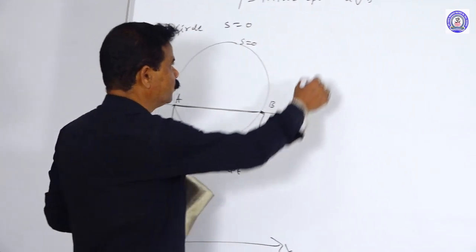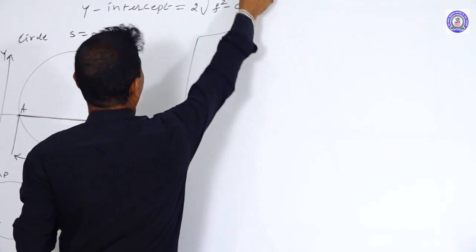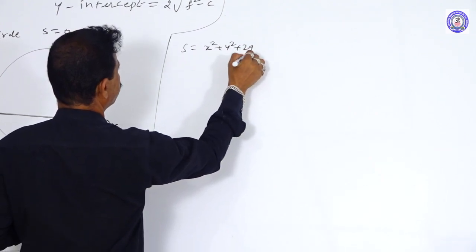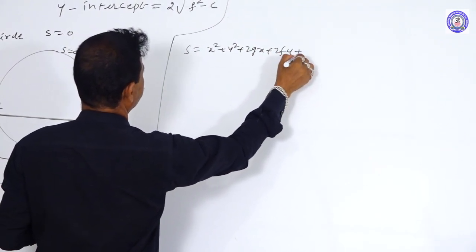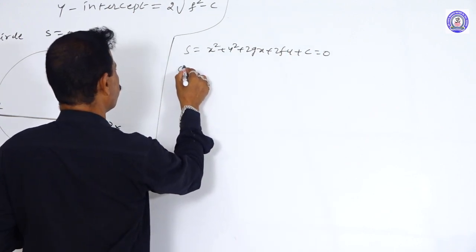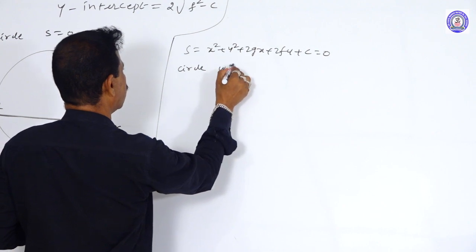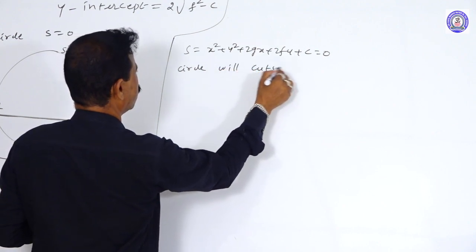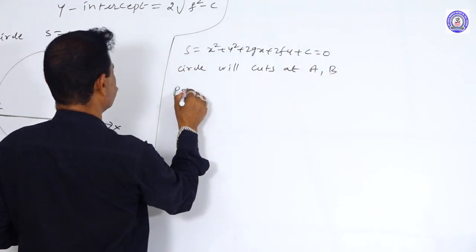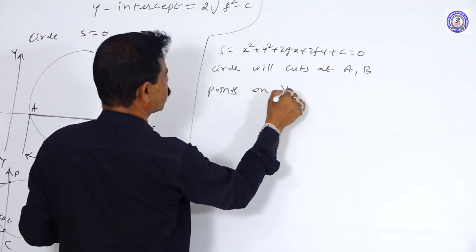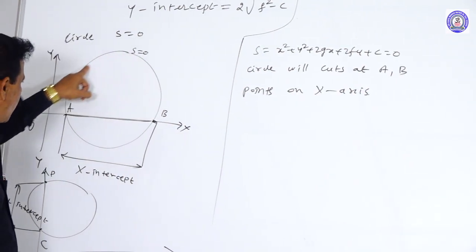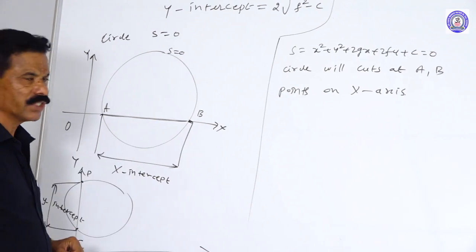For the circle S is equal to x square plus y square plus 2gx plus 2fy plus c is equal to 0. This circle will cut the x-axis at A and B points.